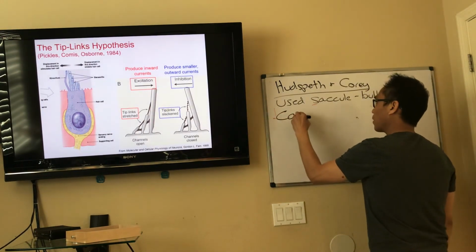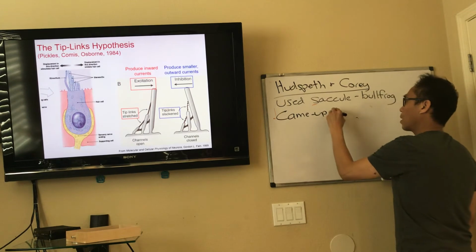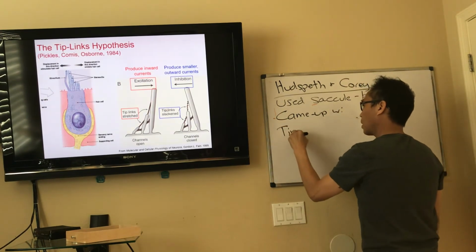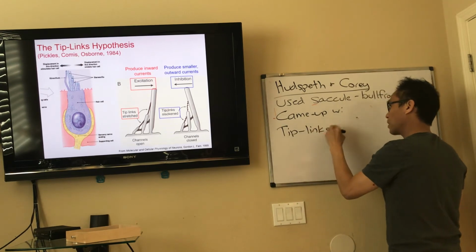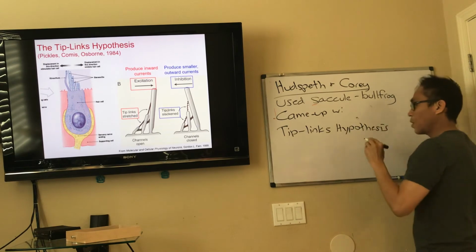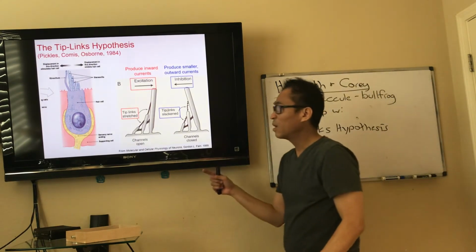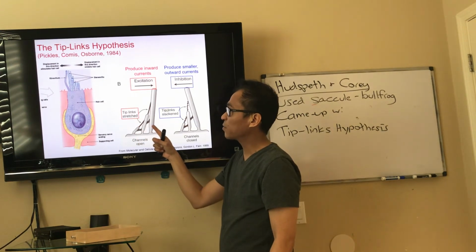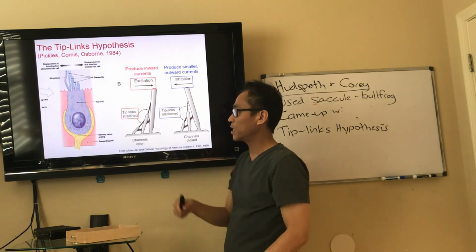He came up with what's called the tip links hypothesis. So know that hypothesis shown here. When the tip links stretch because you move it towards the kinocilium, that causes the depolarization.